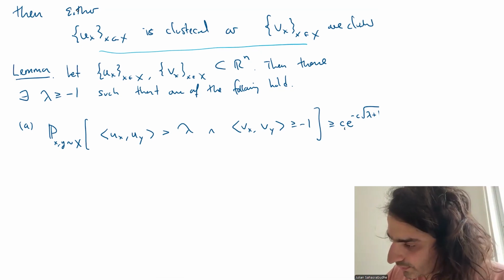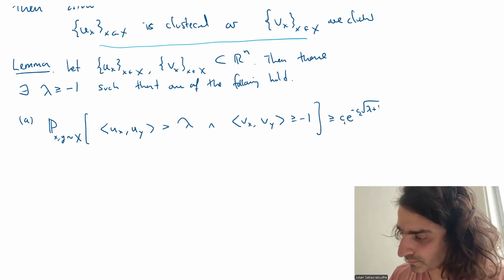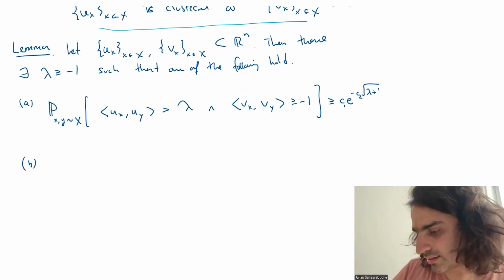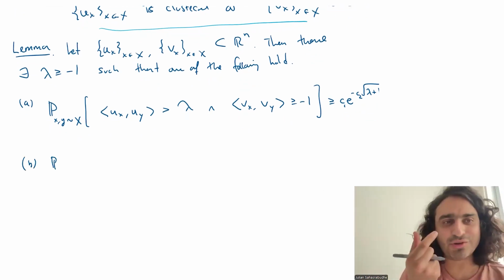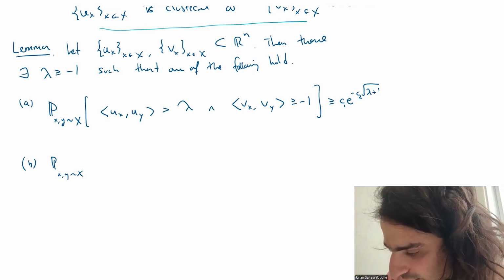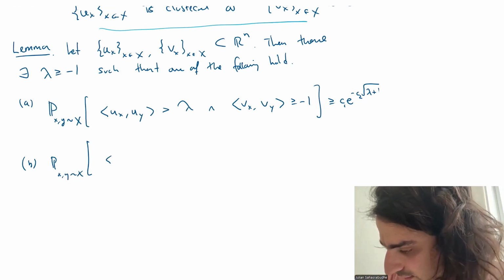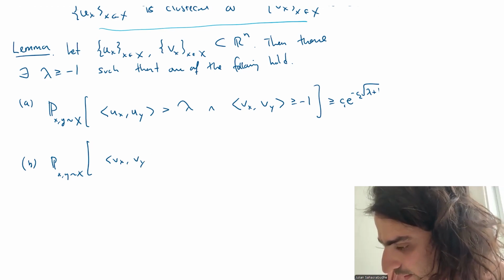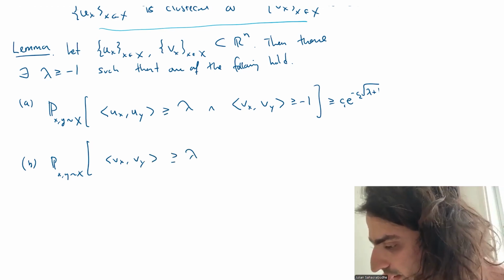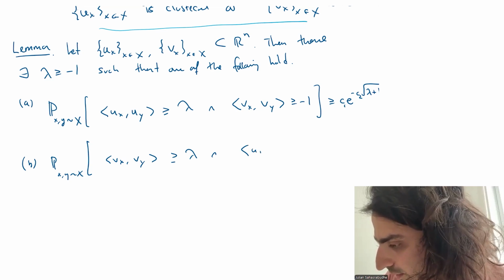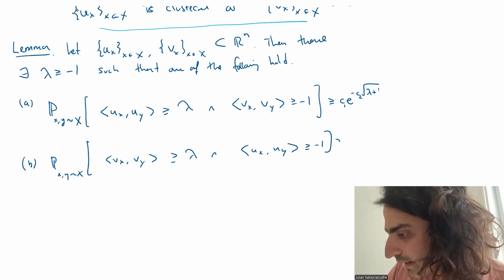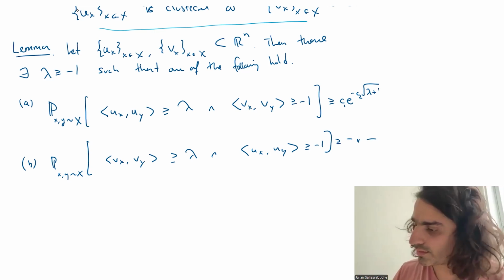And the second condition is the same thing, but with the u's and the v's reversed. I'll come back to this in a second. So this is Vx, Vy, big lambda, and Ux, and the same bound here.